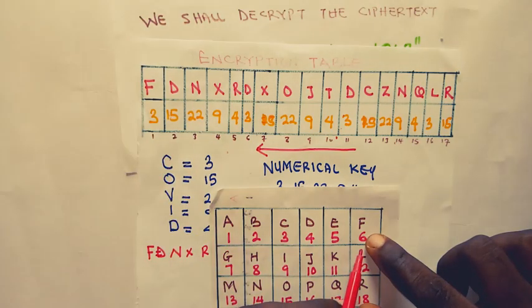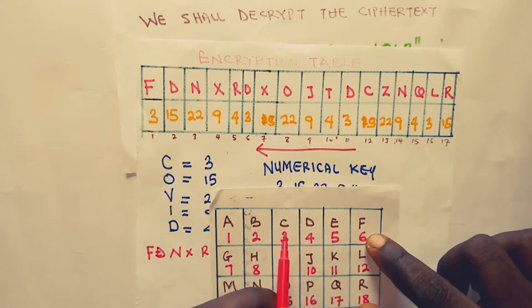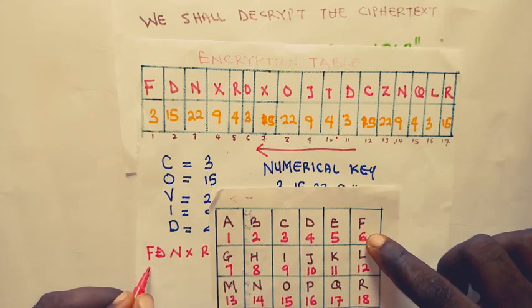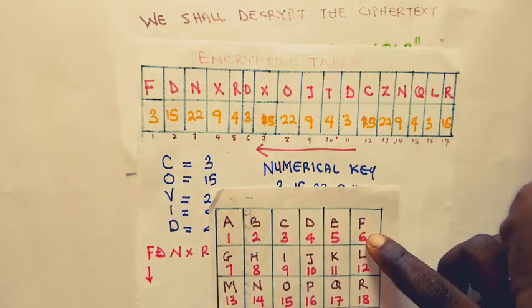That means I have to shift it backward 3 times. 1, 2, 3. And then I have letter C. So F becomes C.